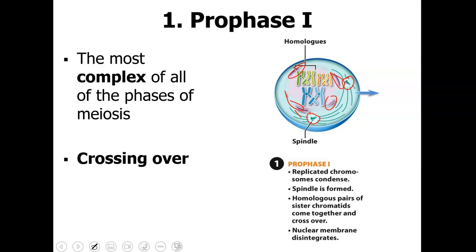Crossing over is when two of these homologues get close together and one leg of that chromosome on one side and one leg on the other side, so one from mom, one from dad, they get really close and they will actually swap genetic material. This is going to increase the chance of genetic variability in the offspring. And so crossing over is going to be very important, and you need to know that it happens in prophase 1.